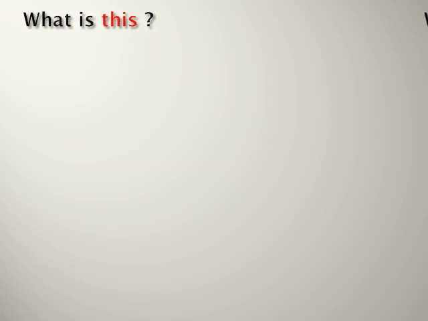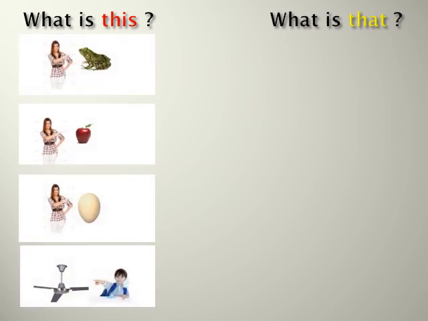Let's take the two questions together. What is this? What is that? There are two sets of pictures on the left and the right. First, look at the pictures on the left. There, the girl and the boy show something using their hand.